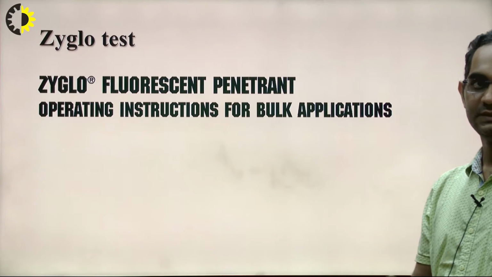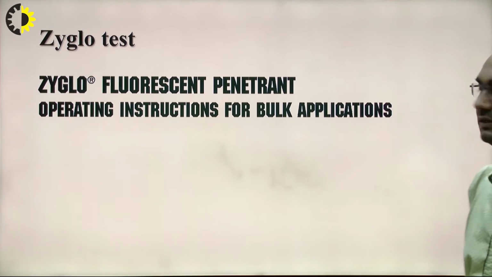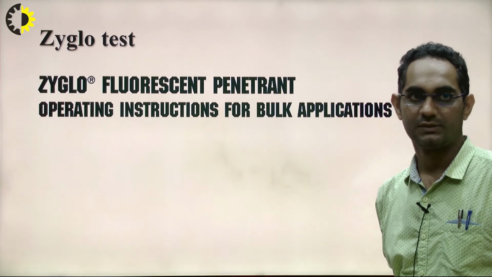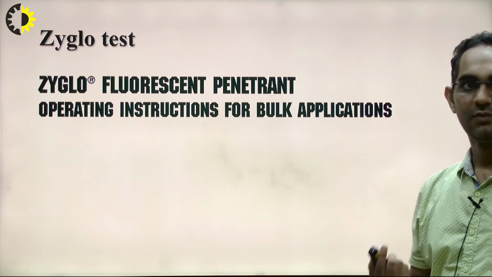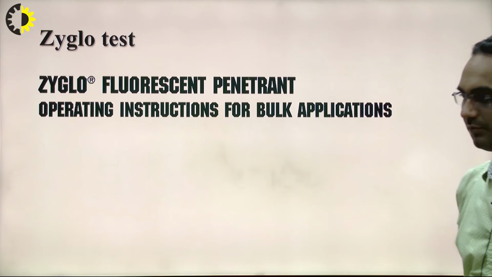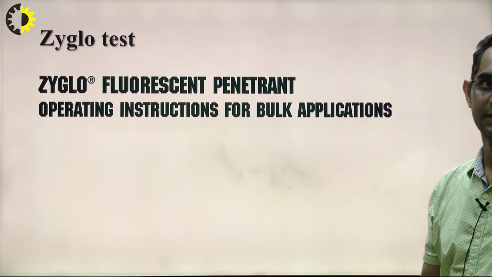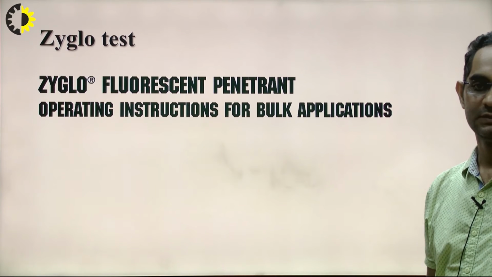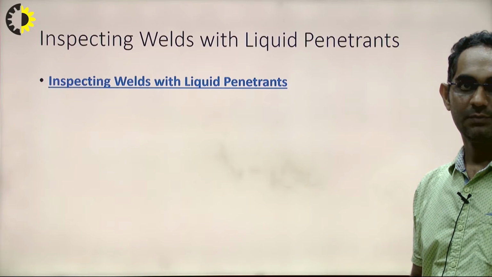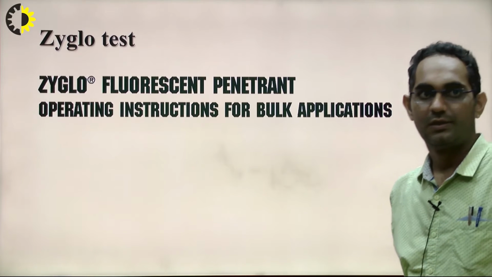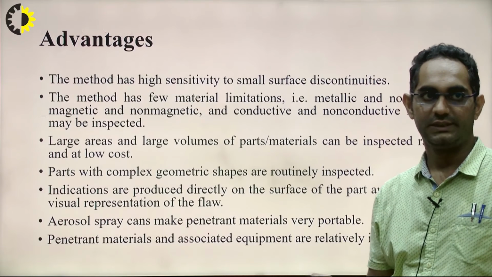Next is the fluorescent penetrant test, and operating instructions for bulk application of this fluorescent test. First of all, we will learn what the fluorescent test is. After completing the liquid penetrant test, now we will learn about the fluorescent test.